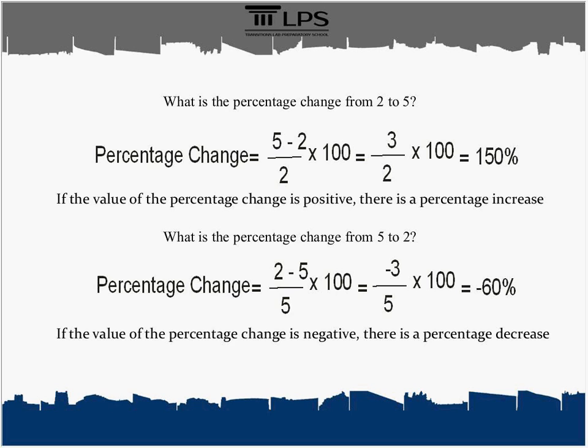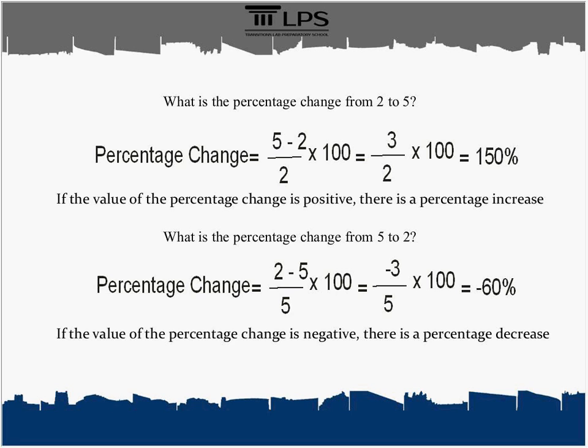I'm not able to figure that out. Oh, is it a typo? 150% is what you're saying. The answer is not right. Yeah, I think that was a typo, I understand. That's okay.